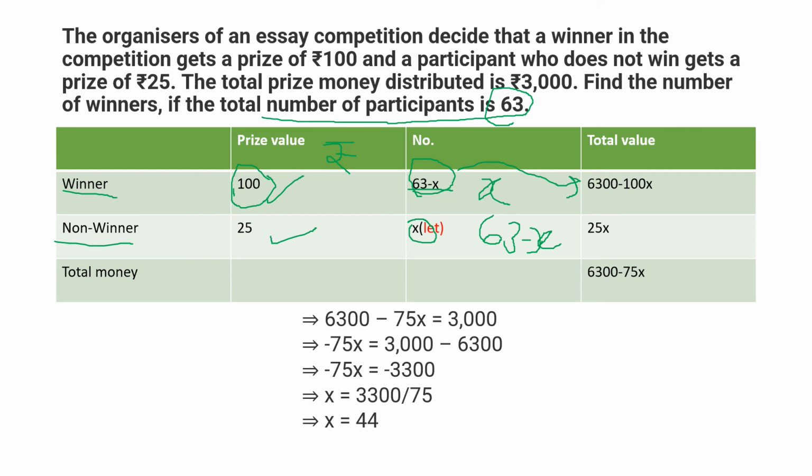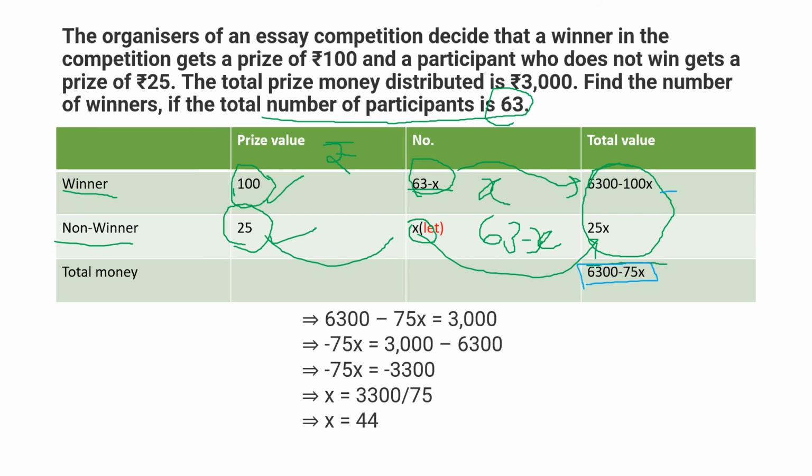Now for non-winners, what will be the value? 25 multiplied by x, that is 25x. Now they are saying the total prize money which is distributed, what will be the total prize money from here? This will be the sum of these two. So that is 6300 minus 75x.